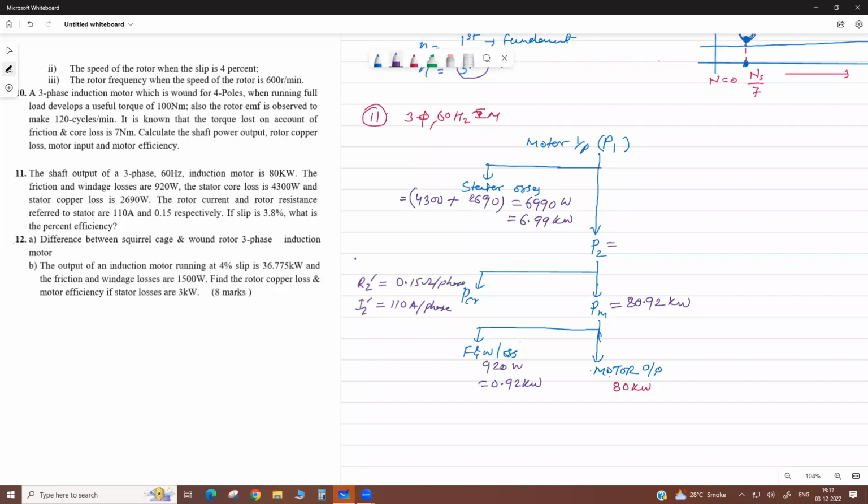The rotor circuit parameters are referred to the stator side, that's why dash. Now if we calculate the rotor copper loss, it is 3 times I2 dash square R2. Why 3 times? For total 3 phase.